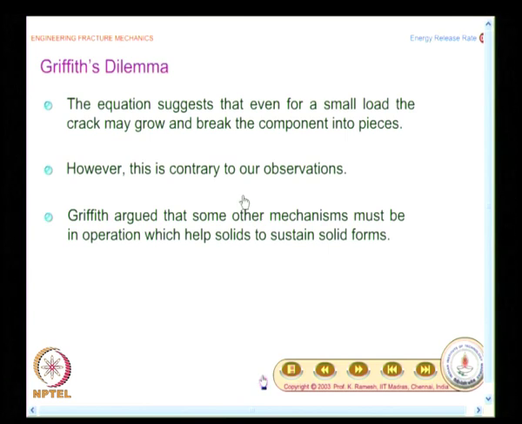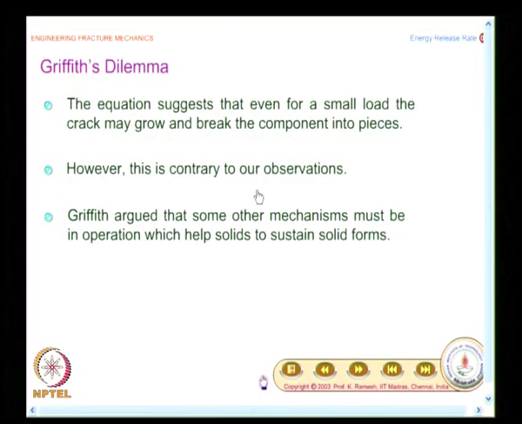Our practical observation is, you find solids contain cracks and they remain so. How is this possible? This is possible only when you have some other mechanisms that operate, which help solids to sustain solid forms. This is key to Griffith's analysis.